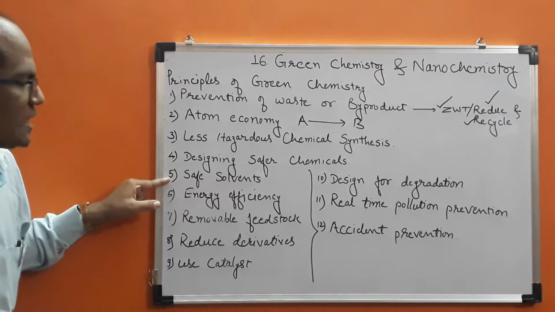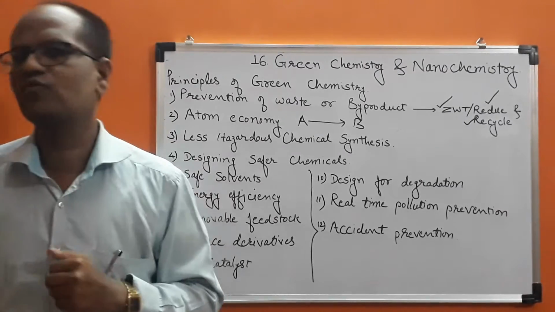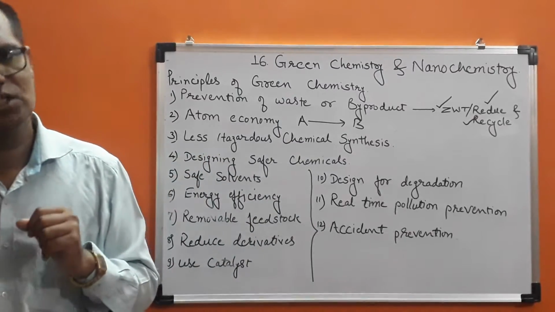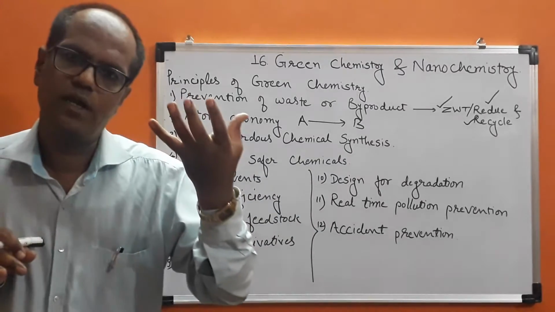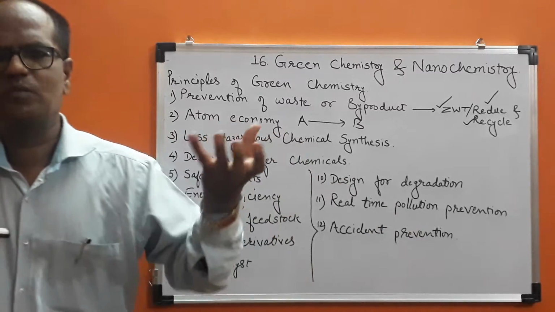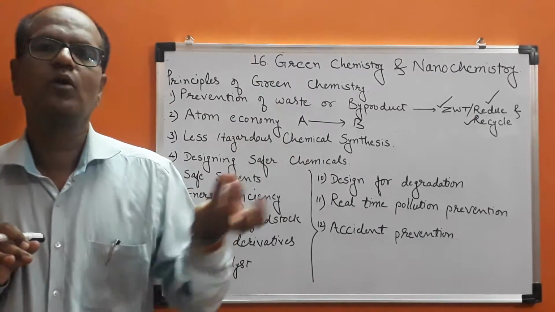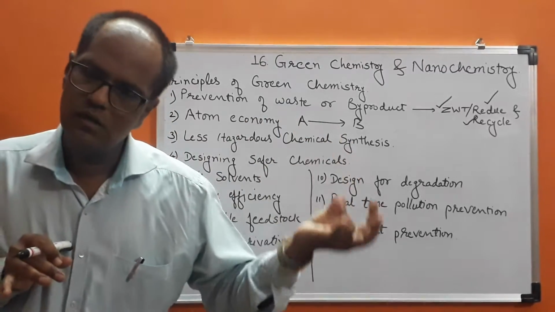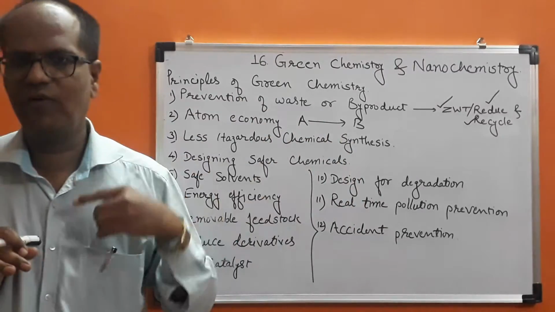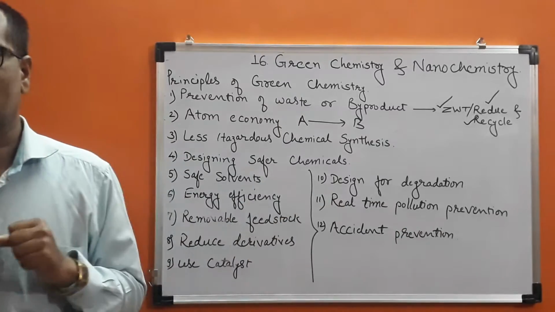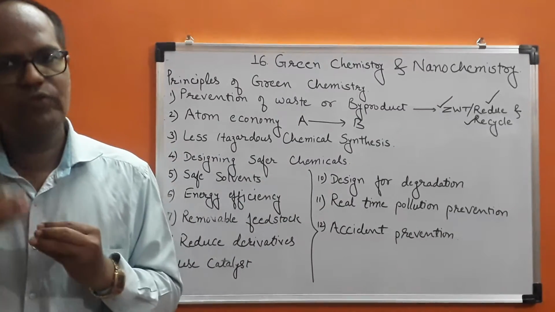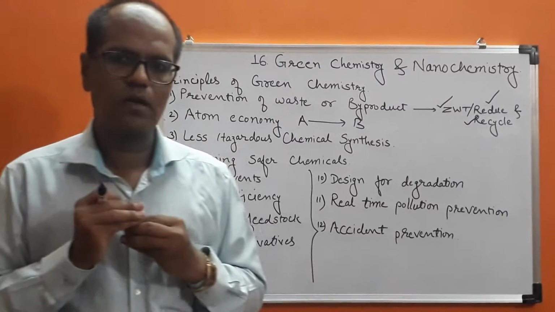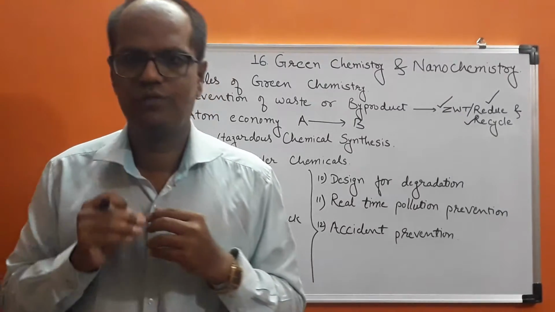Right? After that, safe solvents. There are two types of solvents. One is aqueous solvents and another is non-aqueous solvents. Means water is acting as a solvent, and non-aqueous means, for example, alcohol, chloroform, carbon tetrachloride, liquid ammonia, carbon disulfide. These are also acting as solvents. What happens is, if you use water as a solvent, then water is cheap in nature.